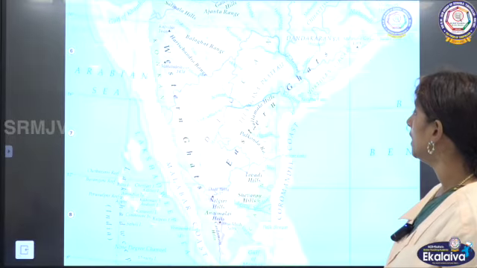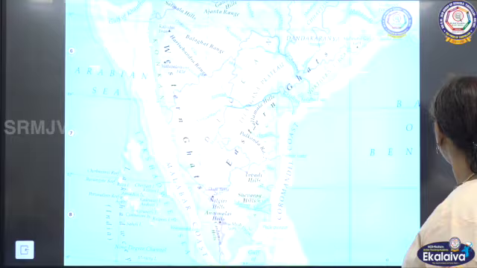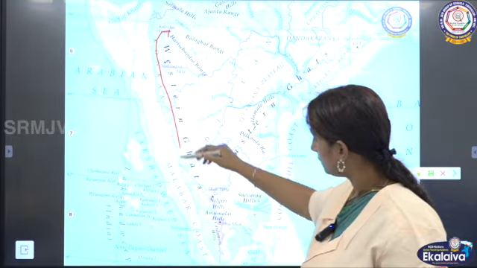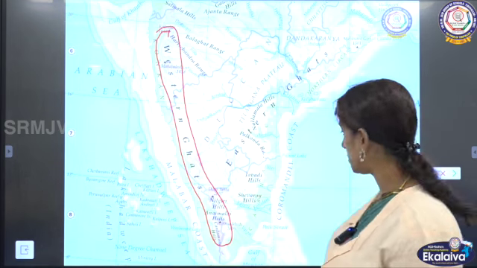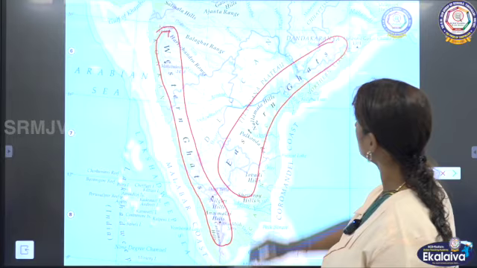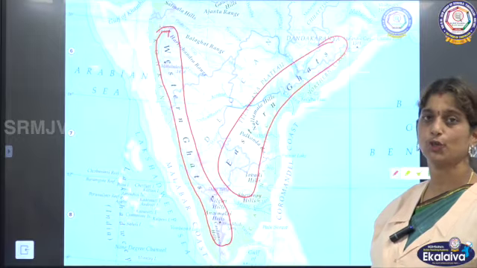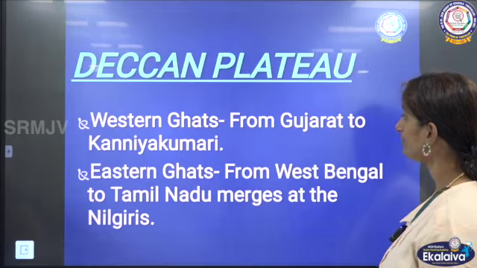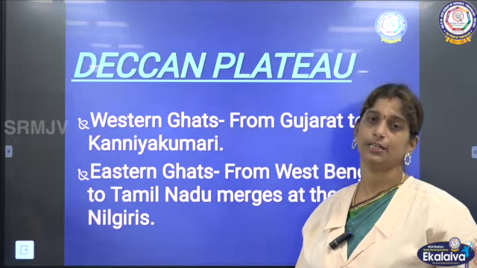Now, here you could see exactly where the Western Ghats are found. All these are the places of the Western Ghats, and here you could see the Eastern Ghats located here. So what are the states through which these mountains pass? The Western Ghats pass from Gujarat up to Kanyakumari.